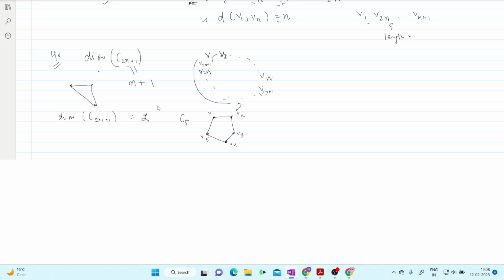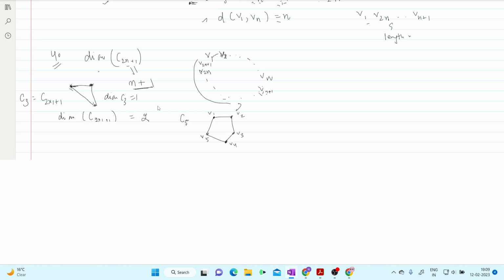So you're saying that the diameter of C2n plus 1 should actually come out to be n. Yes. You are right. In the triangle case, C3 is C2 into 1 plus 1, and the diameter of C3 is 1.